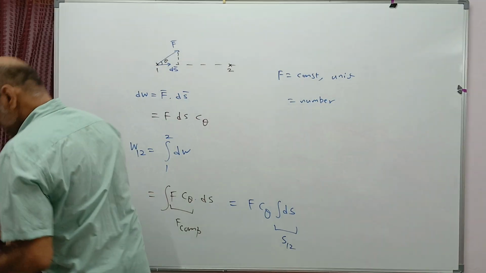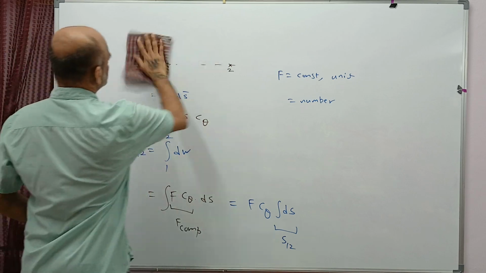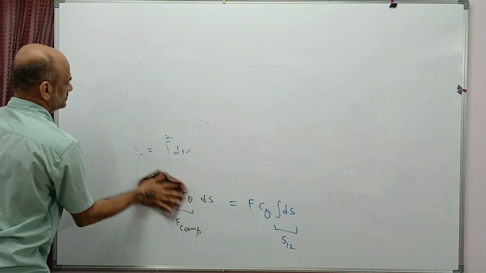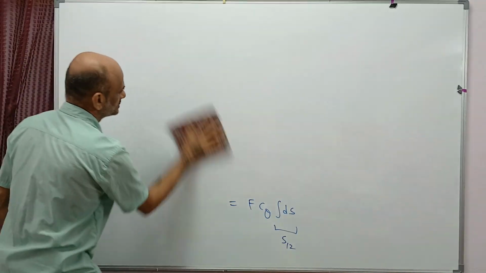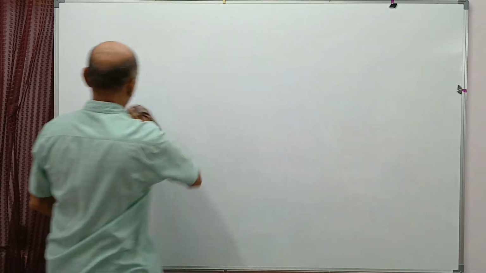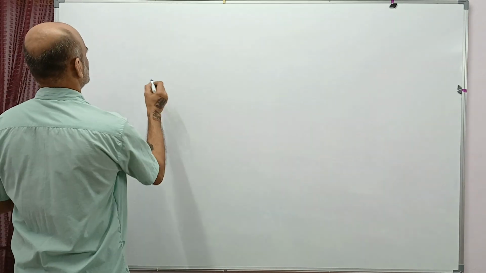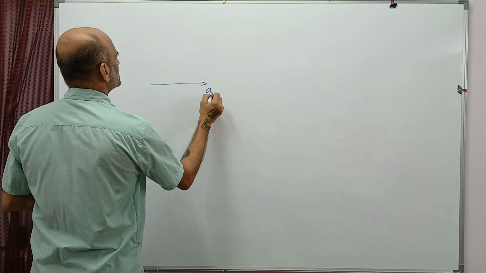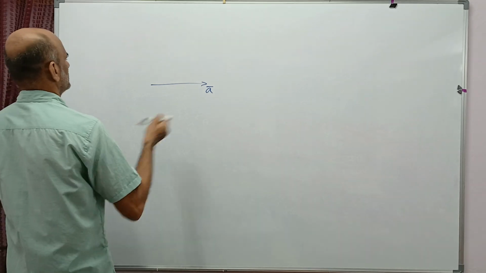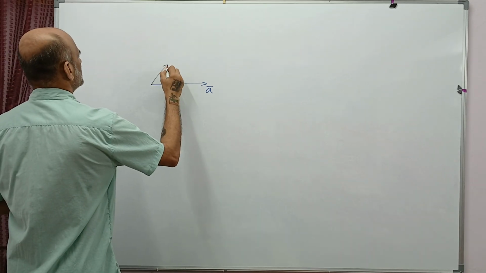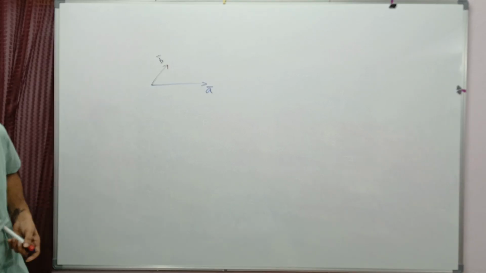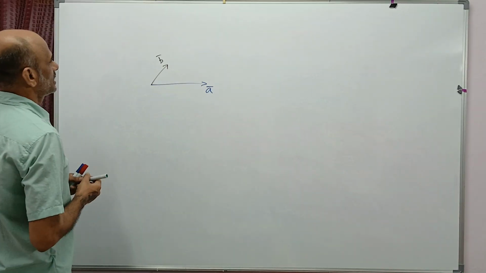So the next basic concept is vector addition using the parallelogram law. All these basic ideas are used in the question. So two vectors, say A vector, and the second vector, say at an angle, B. The parallelogram law of addition of vectors says complete the parallelogram with these two as the sides.